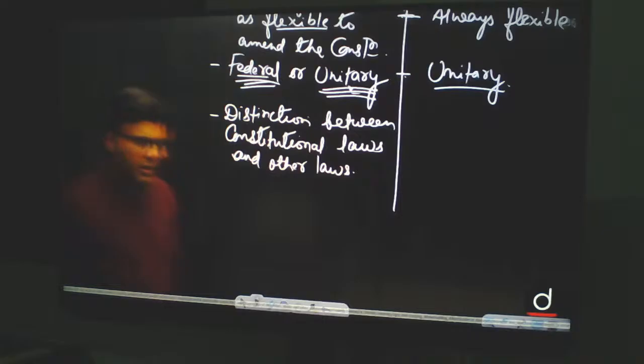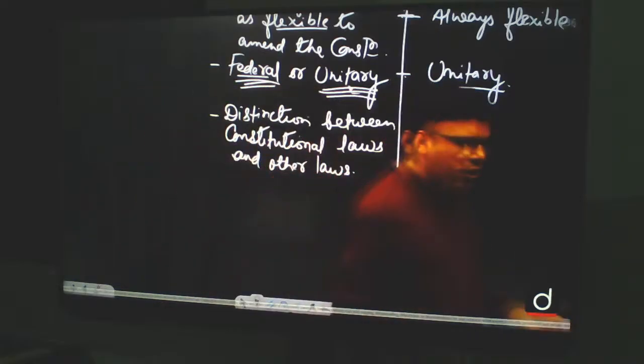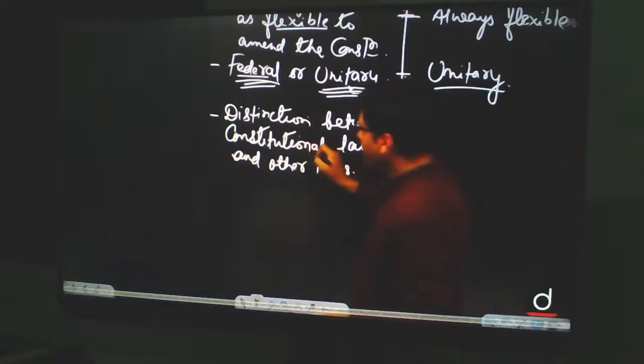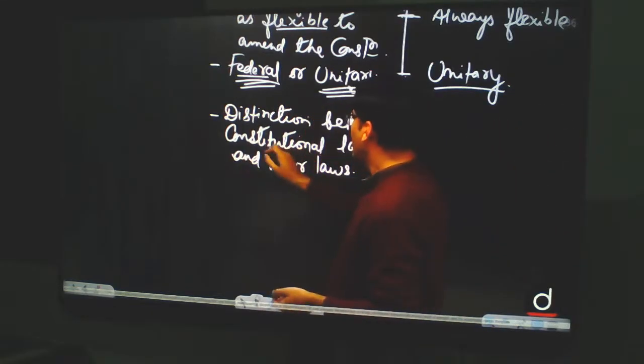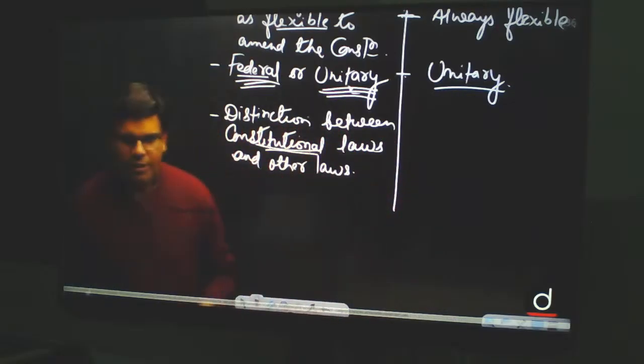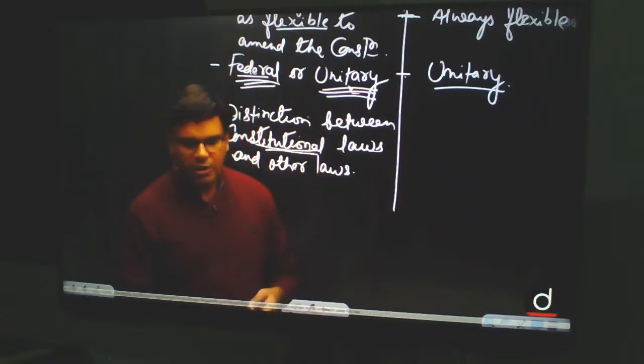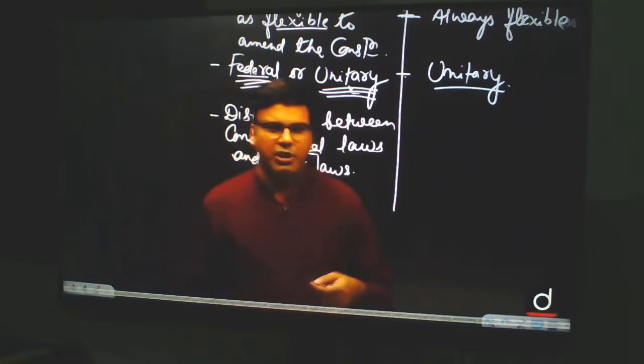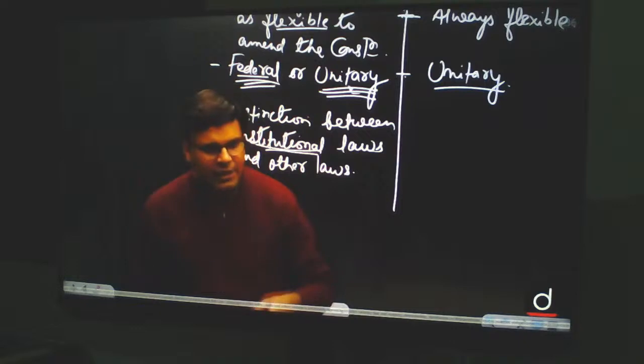Laws made by the legislature, or an ordinance, or rules, or a notification, or a bylaw. But everything is different from the constitution or the constitutional law. ये पढ़ा था ना हमने? So this is a primary distinction. All the laws that you make, there is a distinction between the constitutional laws and other laws.